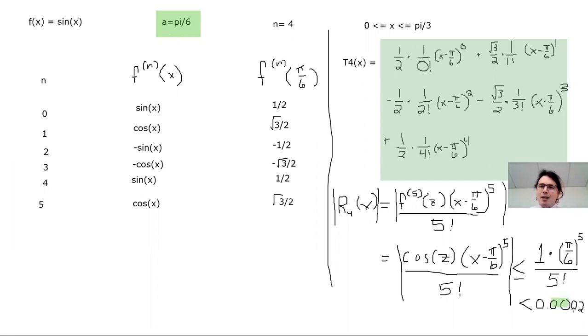So here I've got a whole 3 decimal places of accuracy. Maybe that's enough for my purposes. But I wouldn't have known my margin of error without calculating the remainder. I needed to use this formula in order to mathematically establish that my margin of error is, in fact, 0.0002.